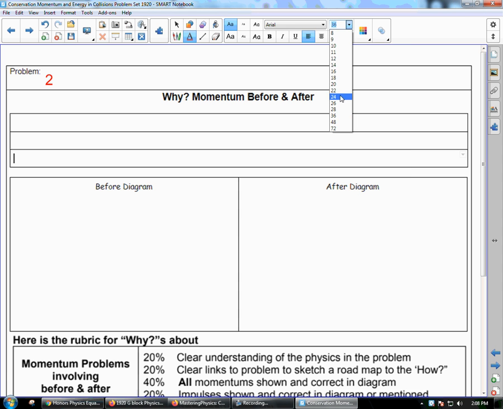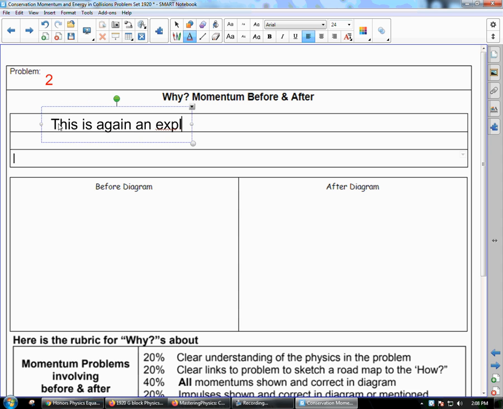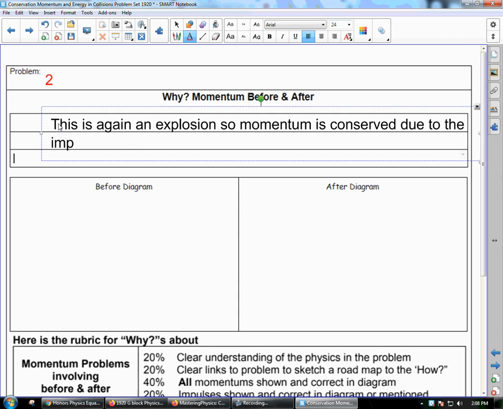Again, 24. This is again an explosion. So momentum is conserved due to the impulses being equal but opposite on the player and the helmet.